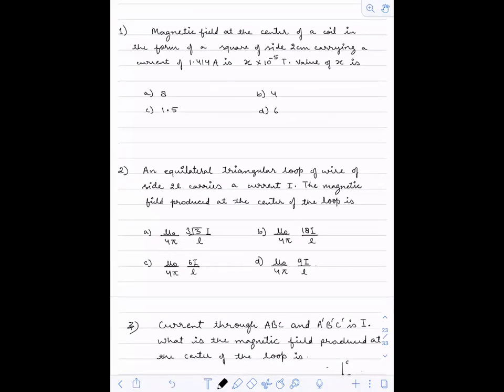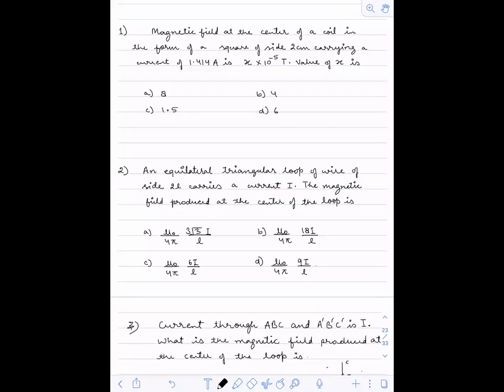So just see, the question number 1 says the magnetic field at the center of the coil in the form of a square of side 2 centimeter, carrying a current 1.414 ampere. Is this value of X okay? So you have magnetic field at the center of the coil.